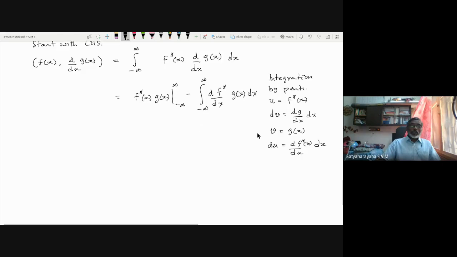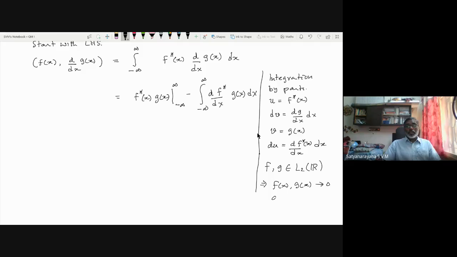Now, since f and g are in L2 of R, that means they have to be square integrable. This implies that f of x and g of x will go to 0 as x goes to plus minus infinity.